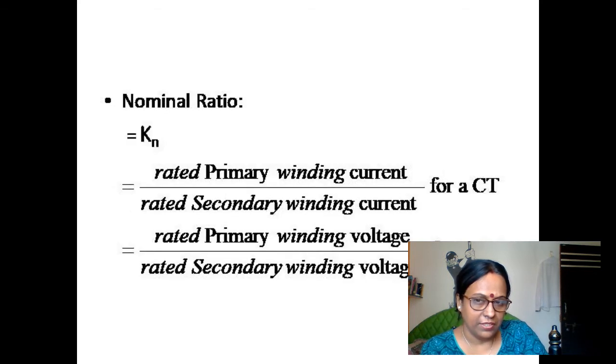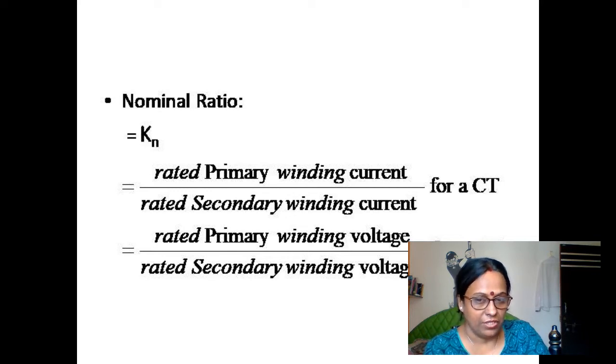Now, the second one is the nominal ratio. What is the nominal ratio? Rated primary winding current divided by rated secondary winding current. For a CT, we know there are some limitations of current. This is the manufacturer specification for any transformer.